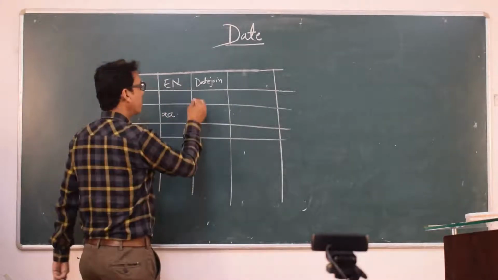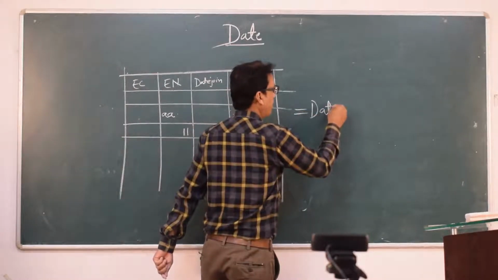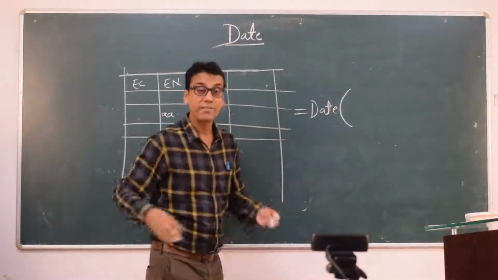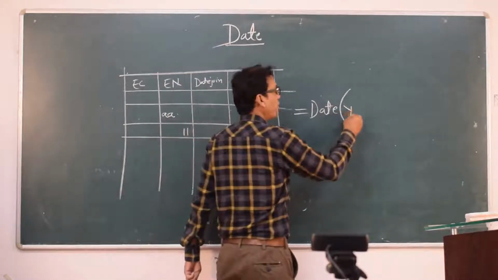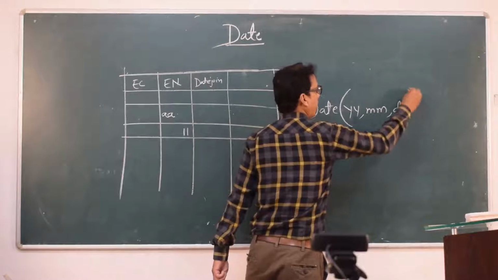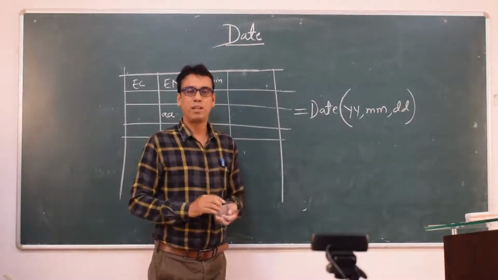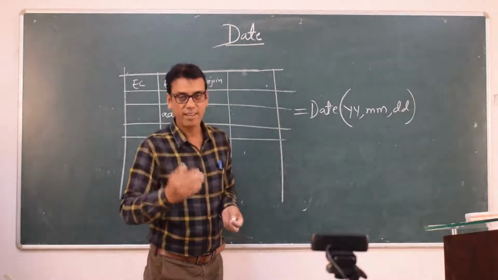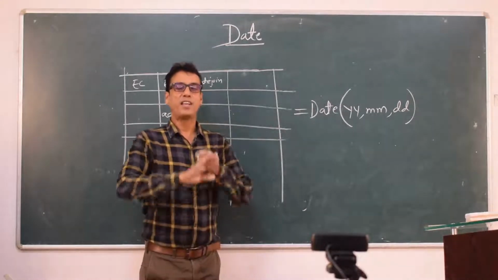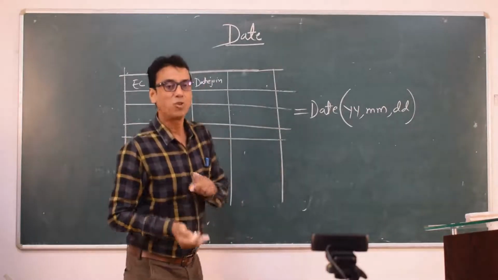The function is equals to date, and the syntax of the function is YY, MM and DD. Enter year first, then month, then day, and press enter and stay confident that what you wanted to enter, you have entered as a date.